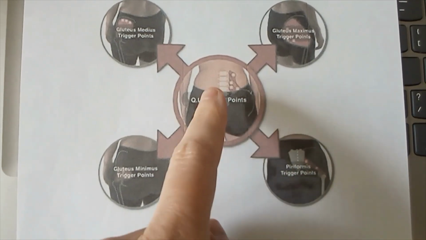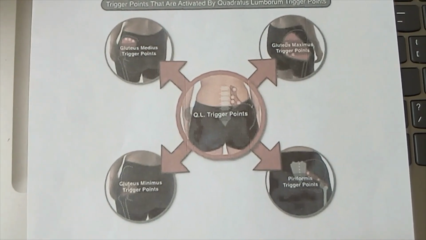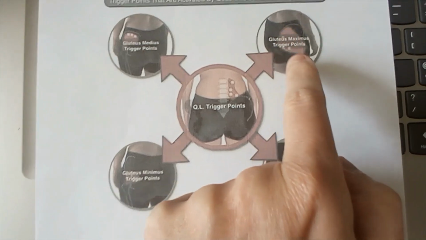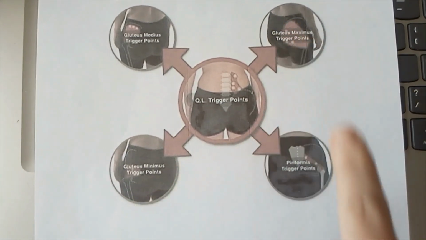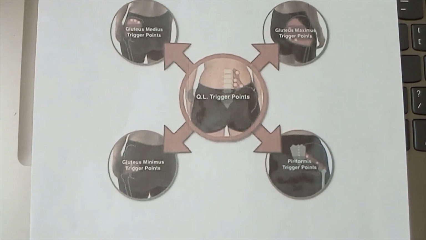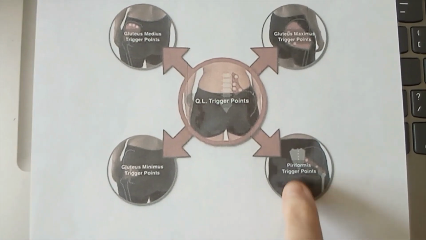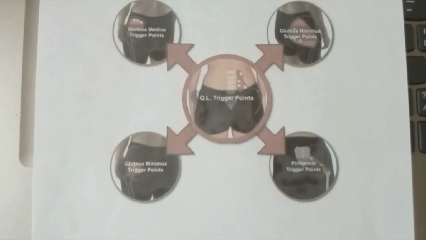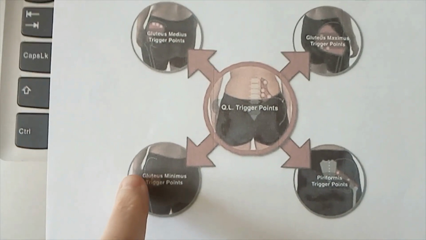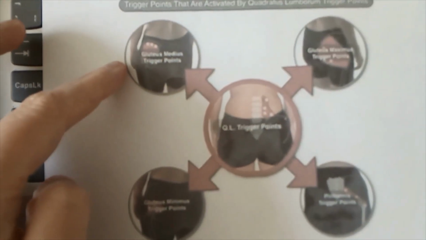They may also cause referred pain and activate latent trigger points in the gluteus maximus, which is the large area of your buttocks, the piriformis, which is one of your deep rotator muscles and sits deep within the buttocks, also the gluteus minimus, which sits more towards the side, and the gluteus medius as well.